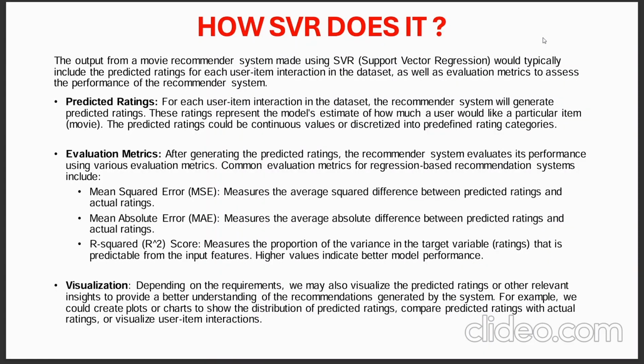It uses predicted ratings and evaluation metrics like mean squared error, mean absolute error, and R2 score for better performance, and it gives a basic visualization of the predicted ratings that gives us a better understanding of how SVR creates these different preference ratings out of the user ID and user feedback.